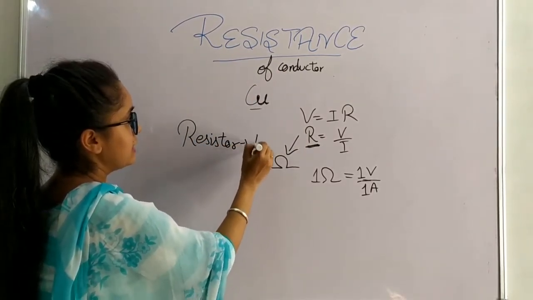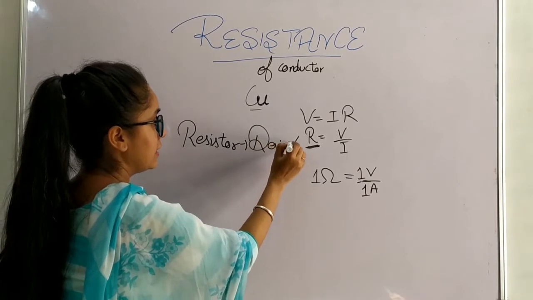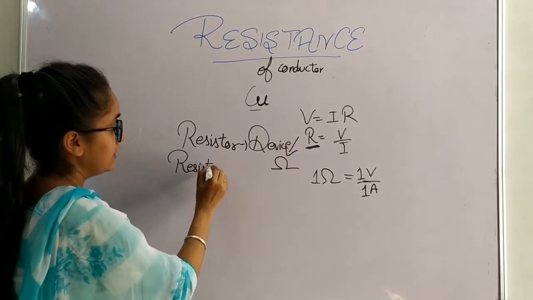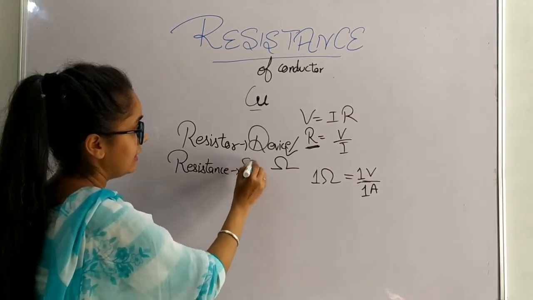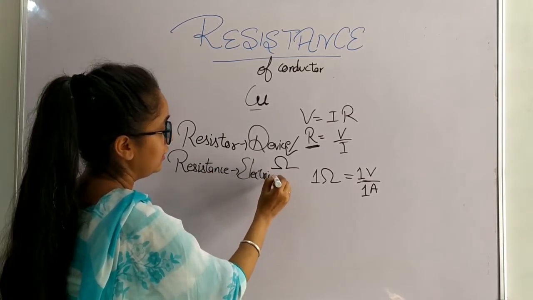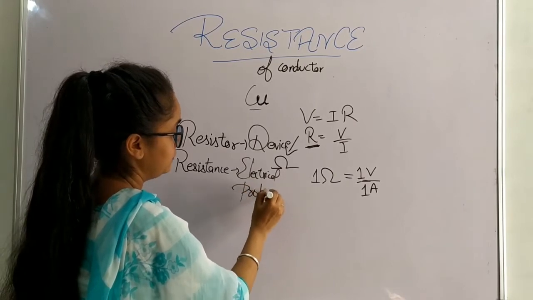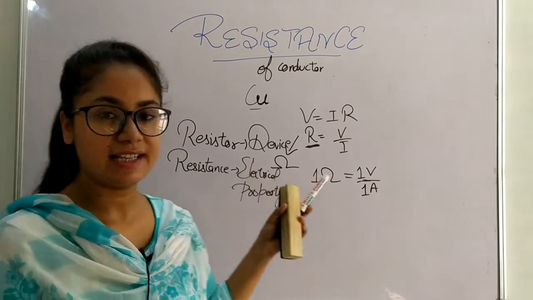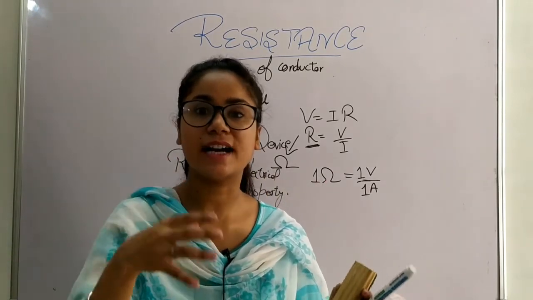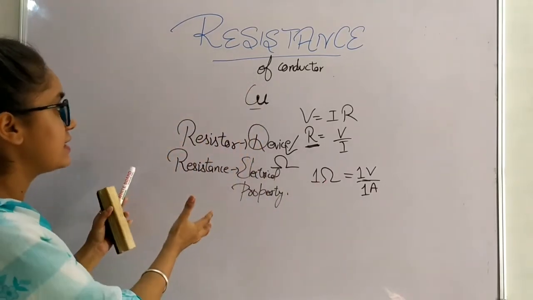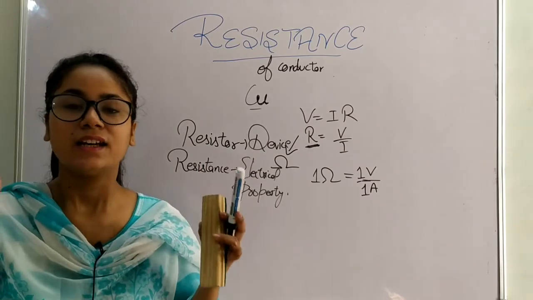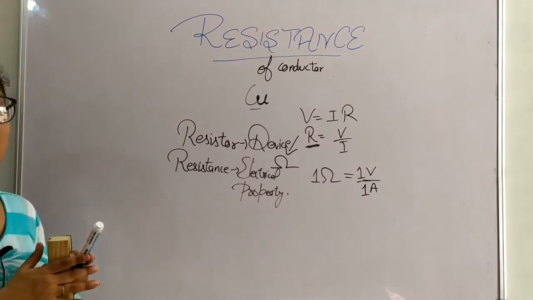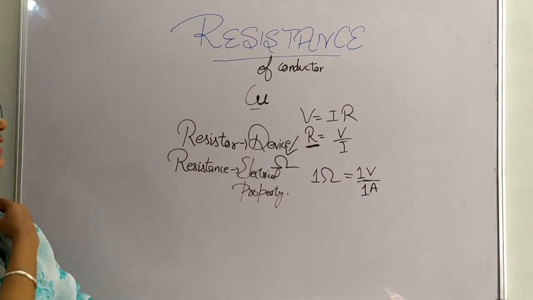Resistor, my dear students, is a device, while resistance is an electrical property. So this is how we get to know about resistance.